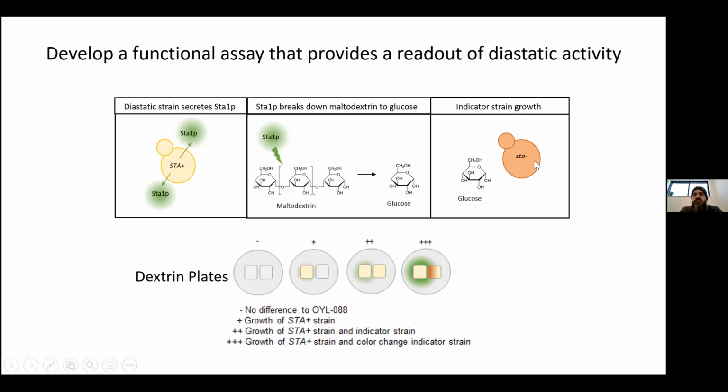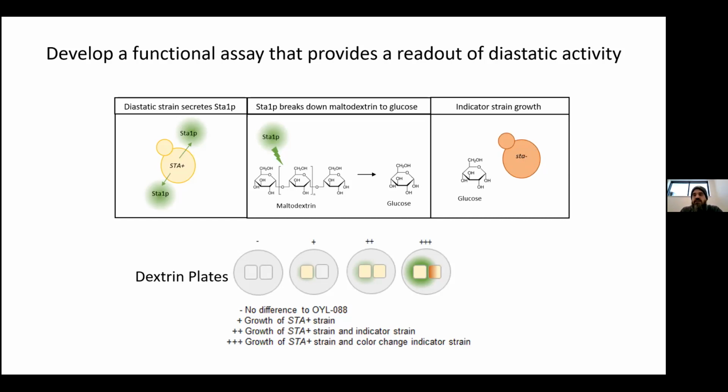We took a yeast strain that I'd been using all the way back to my graduate school days. This is just a common strain used in the lab that accumulates a pink pigment as it grows. The idea of this assay is you take a plate that has dextrins in it as the only sugar source.